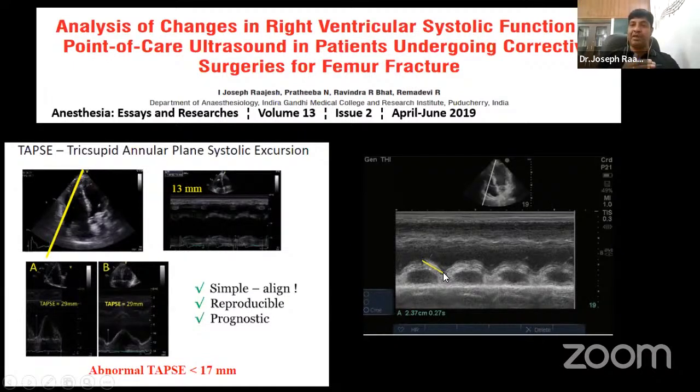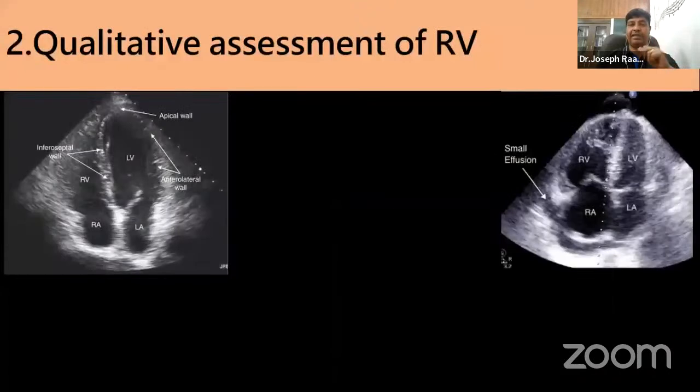This tells you how much the tricuspid annulus is moving, because since it is attached to the RV, it moves longitudinally. Anything above 17 is considered normal. If the TAPSE is less than 17, then we know that the right ventricle is not moving properly. That is one of the indicators of right ventricular dysfunction. We'll move on to the next one.